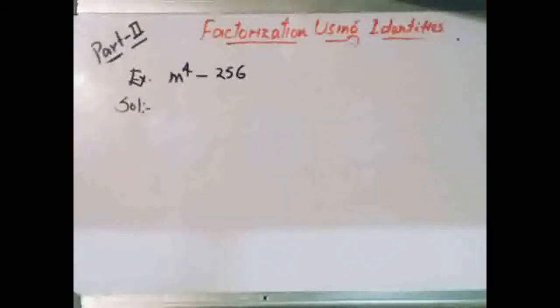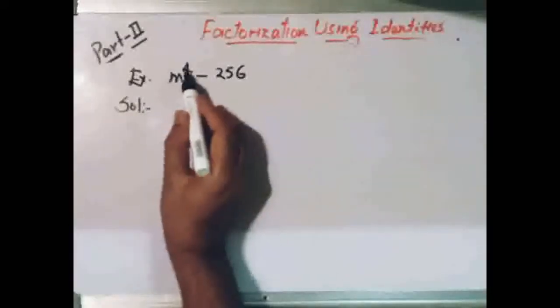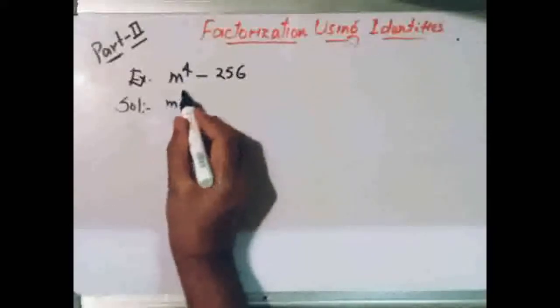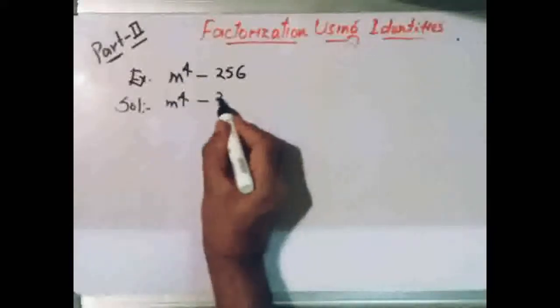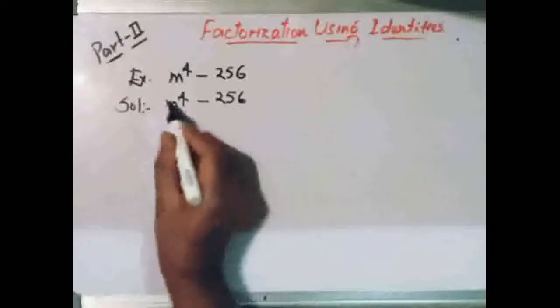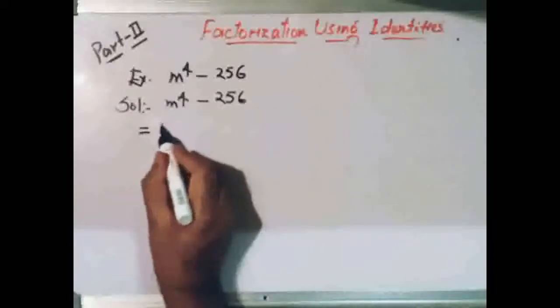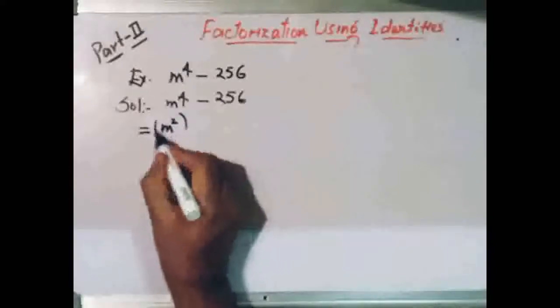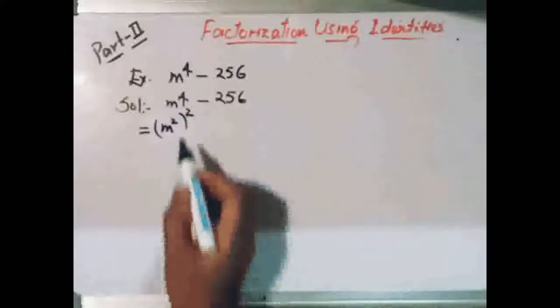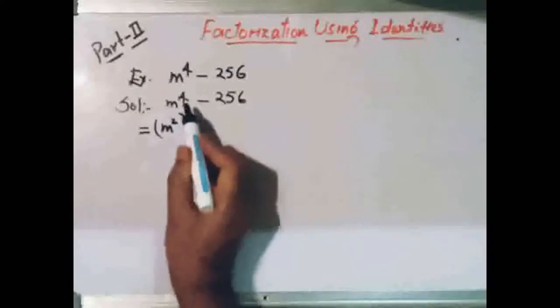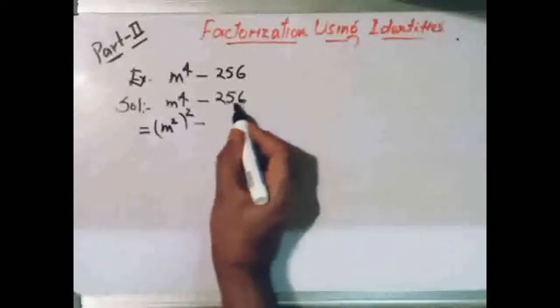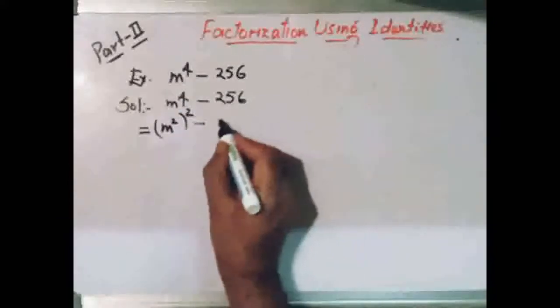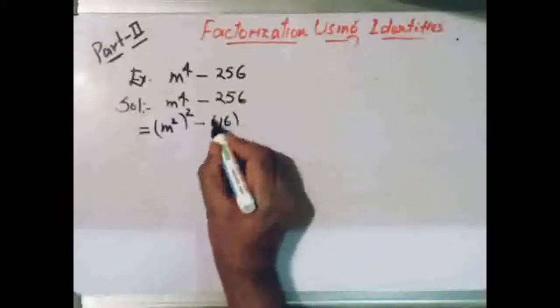You can see that m raised to power 4 can be put like this: m squared, whole squared, that means m raised to 2 into 2, which is equal to 4, and 256 is the perfect square of 16, so 16 squared.